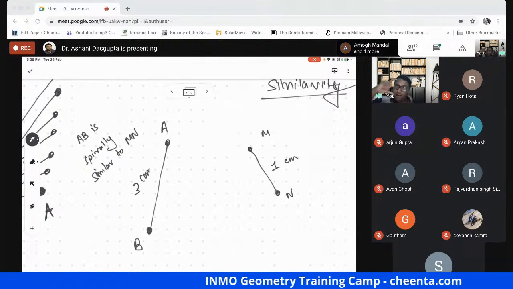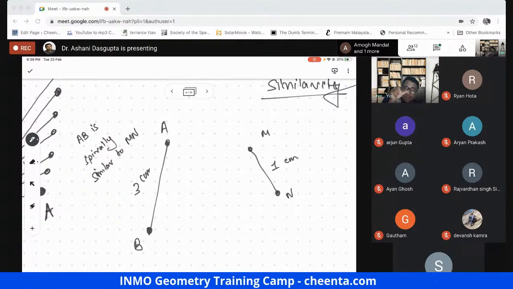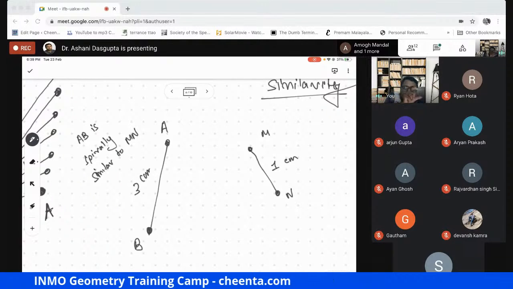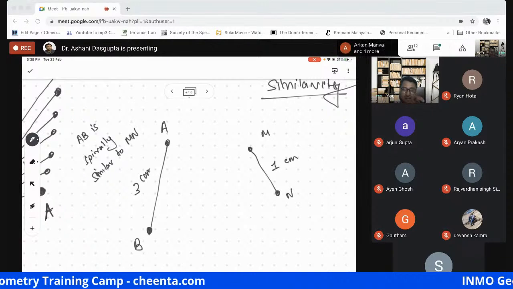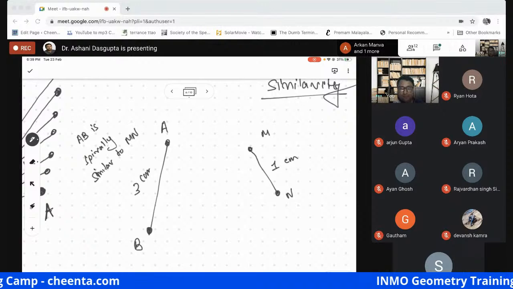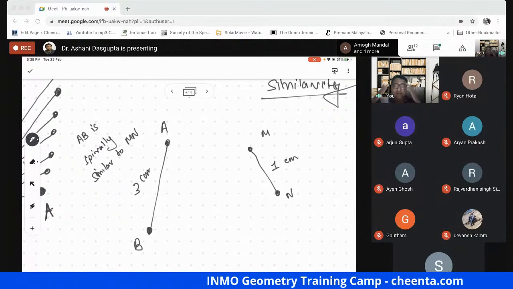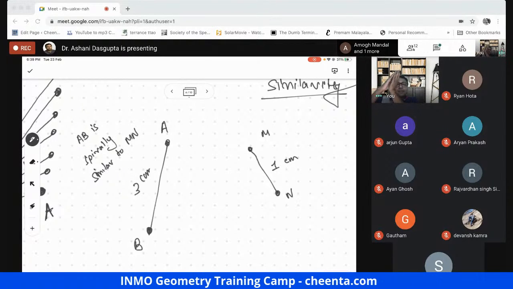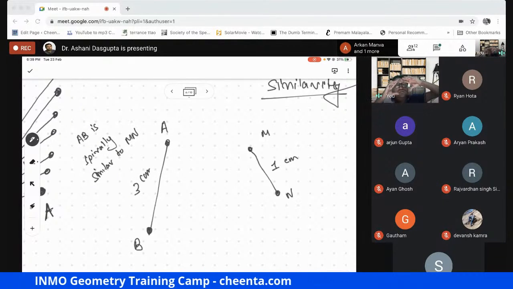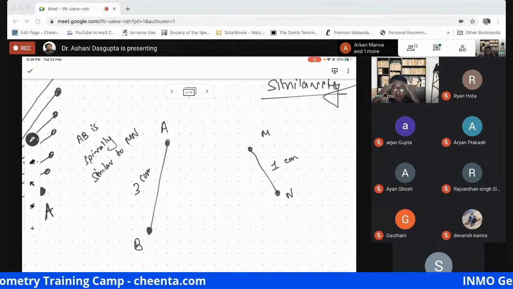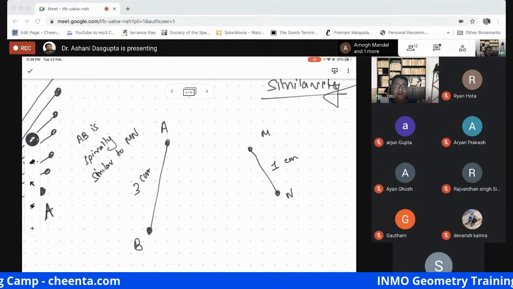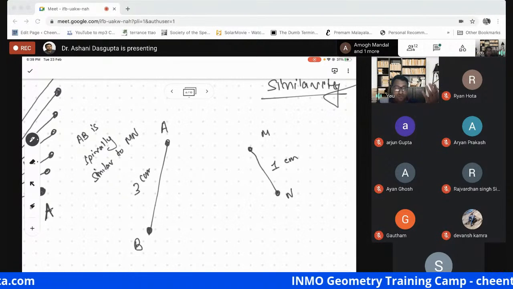It's kind of floating. It's moving onto MN and being shrunk to the size of MN. Isn't that possible? That is obviously possible. Why not? I mean, we can mentally think about it. AB is moving to MN all the time, shrinking to the size of MN. Mentally, that is possible. That should be doable using geometry.